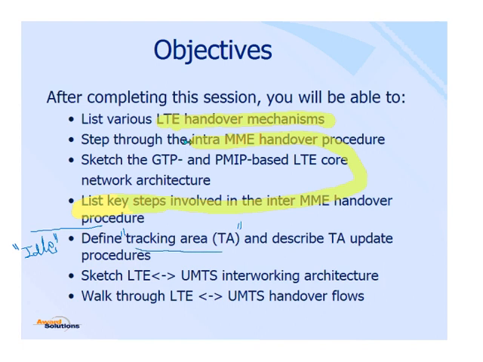So we will discuss the tracking area concept. Also, how LTE works with pre-LTE UMTS system. So we'll take a look at the interworking also. So those are the main topics that we will cover today.